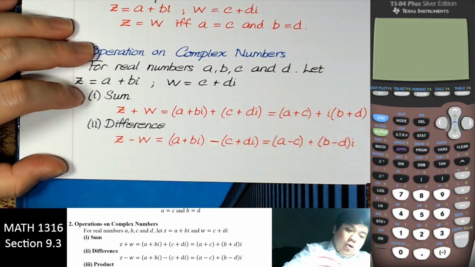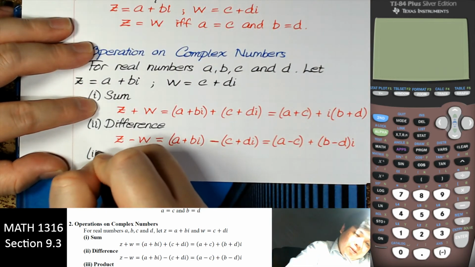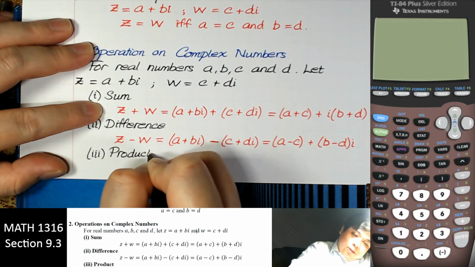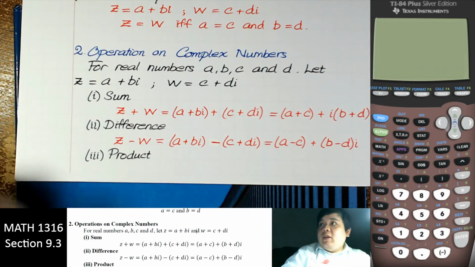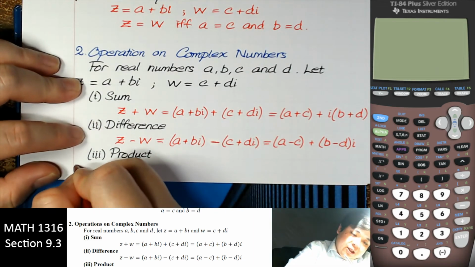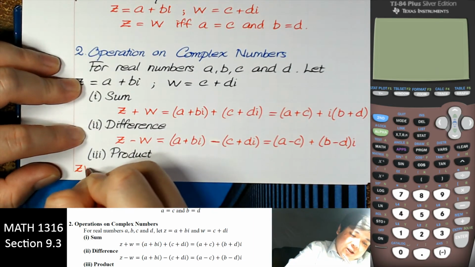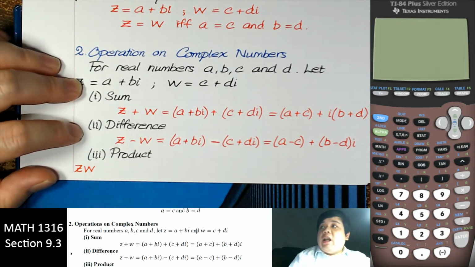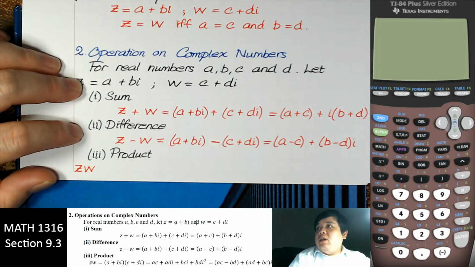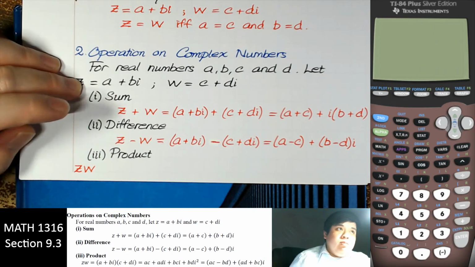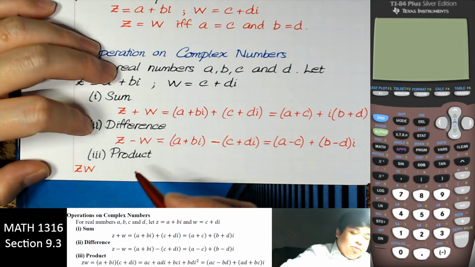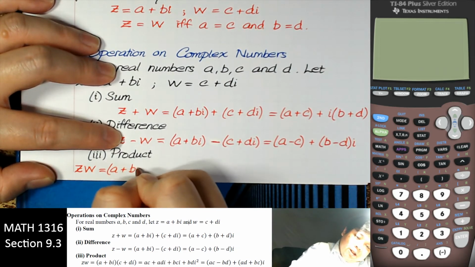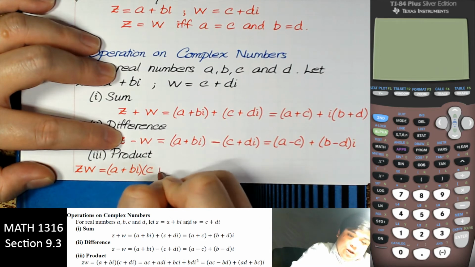Next, product. z times w. Notice that I do not put a dot in between them, just z and w. So we have a plus bi and c plus di.